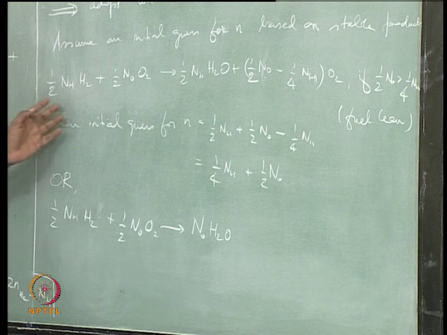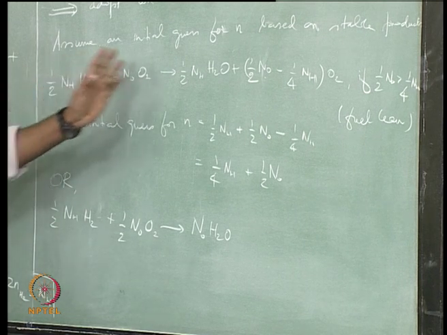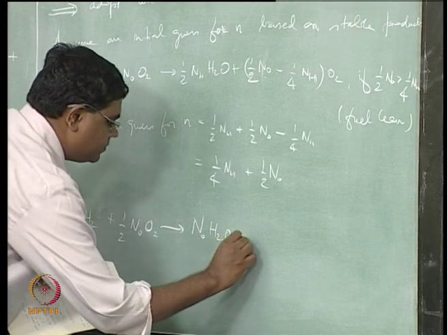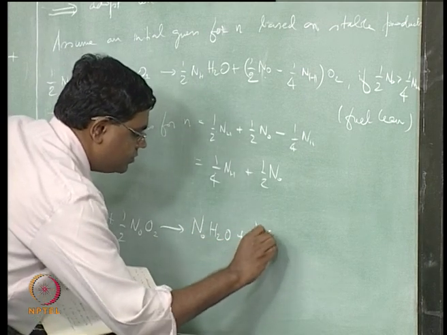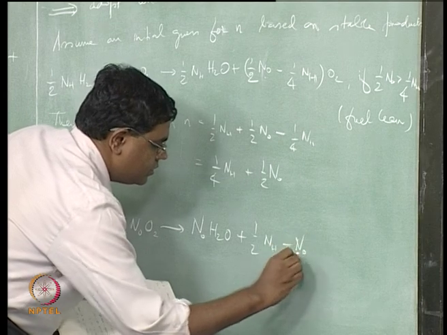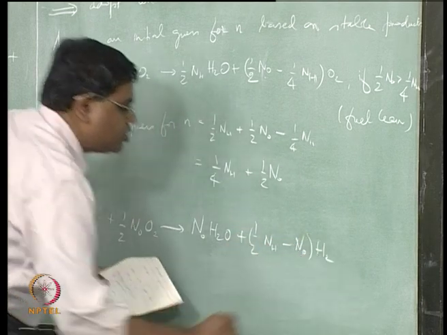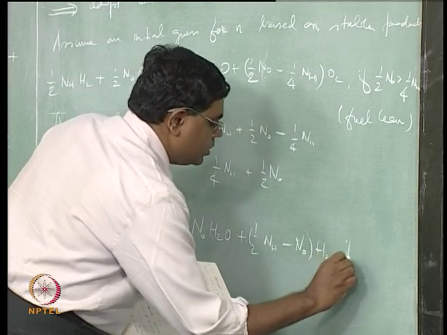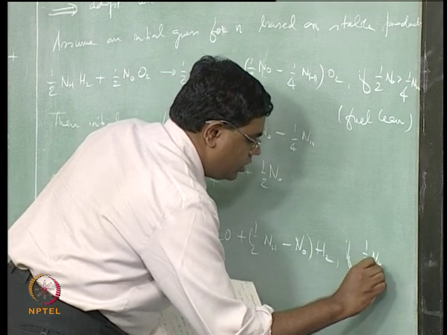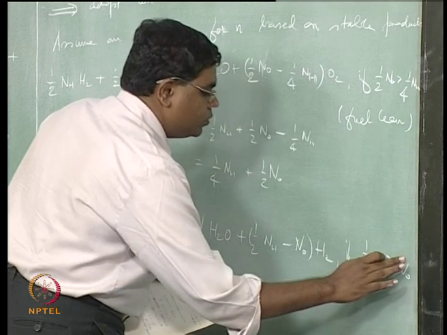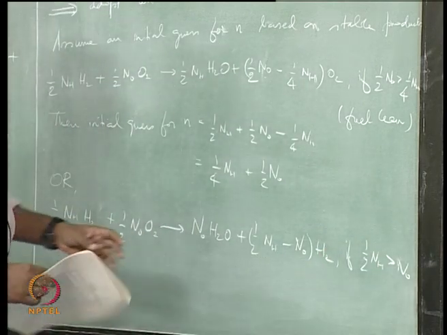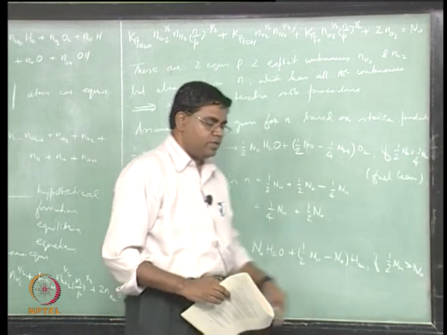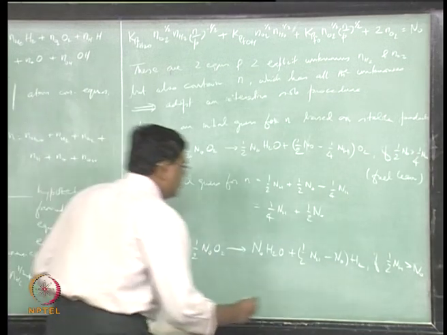It is interesting: instead of a high school way of numerically balancing, you do an algebraic balancing, right. So half NH minus NO times H2, where H2 is now the excess species, if half NH is greater than NO. This is the same as saying if 1/4 NH was greater than 1/2 NO. We were comparing halves and quarters there, so you can do the same thing. This is fuel rich.